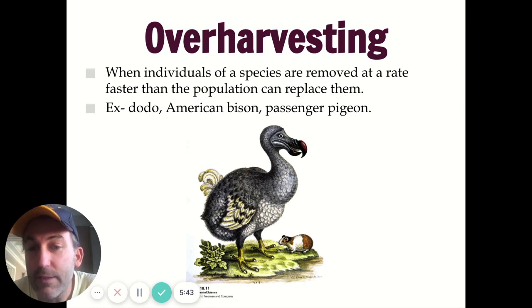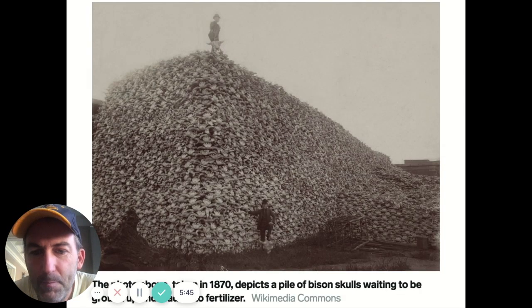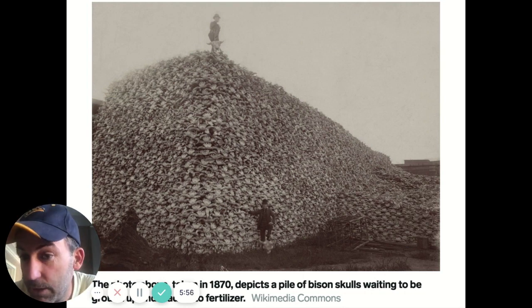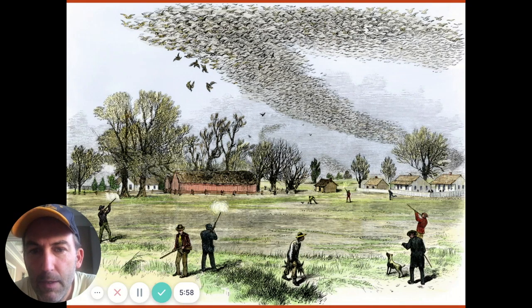Bison are another example. Here's a mound of bison skulls, and a whole really complex story of reduction of bison numbers in the United States and Canada. Passenger pigeons were harvested for food.